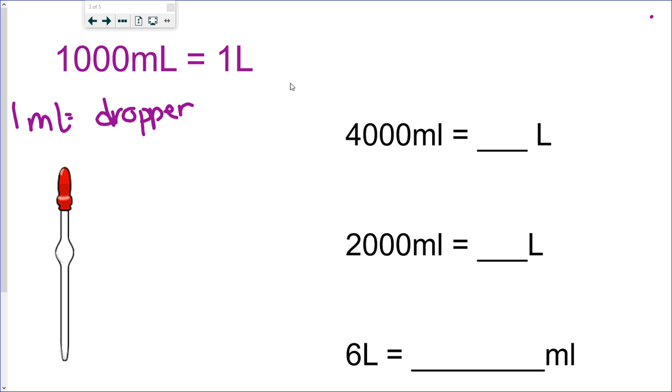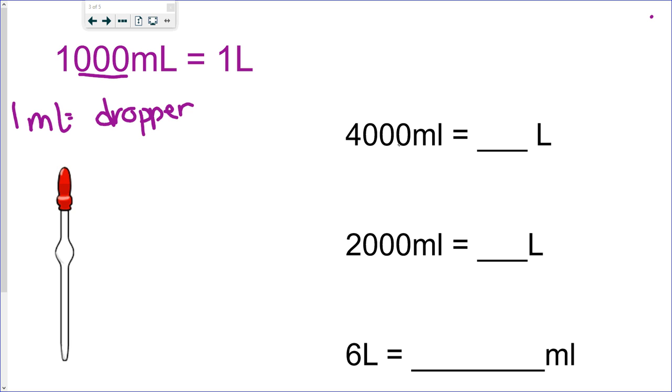Okay? If you look at converting it, though, it makes it nice and easy, because if we have 4,000 milliliters here and we want to make it into liters, if I know that 1,000 milliliters equals 1 liter, the difference between this number and this number is the 3 zeros there.